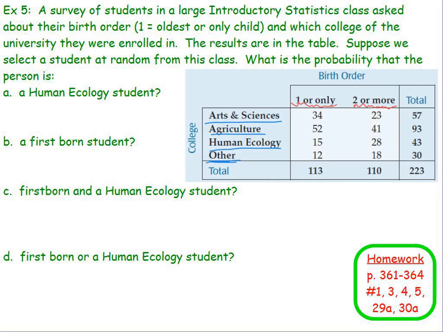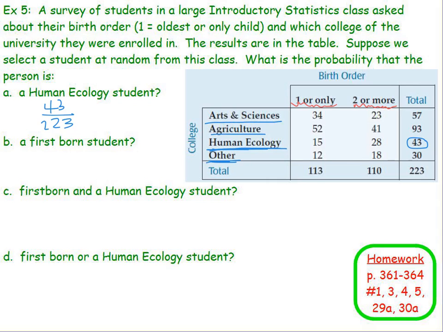We want to know, we're selecting a student at random. So what is the probability that the person is a human ecology student? So human ecology is right here. We're going to come all the way over to the total. And so that's 43, but probabilities are fractions. So that's 43 students out of 223 students.